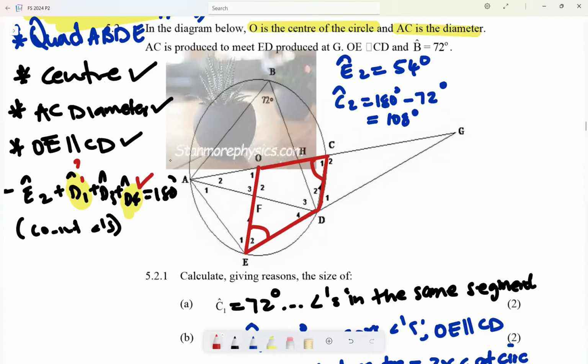So this one is not a cyclic quad. We will say C2 is not equal to E2.